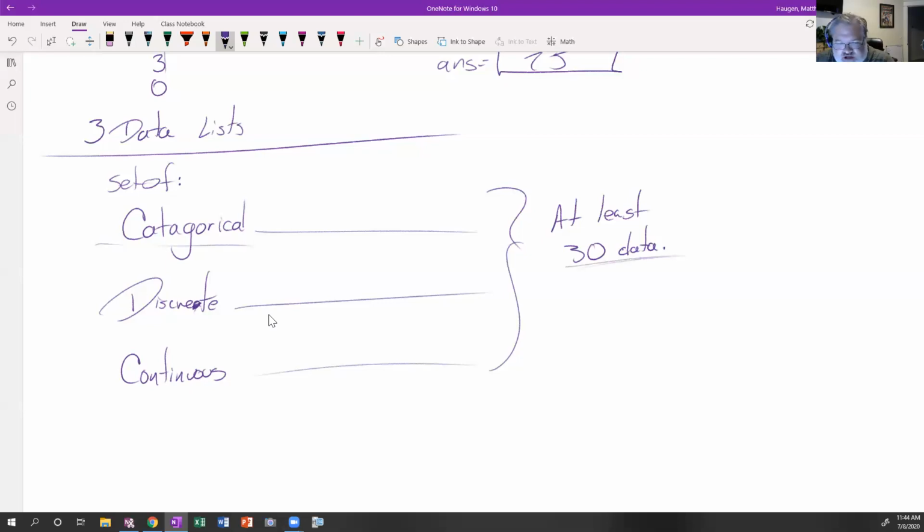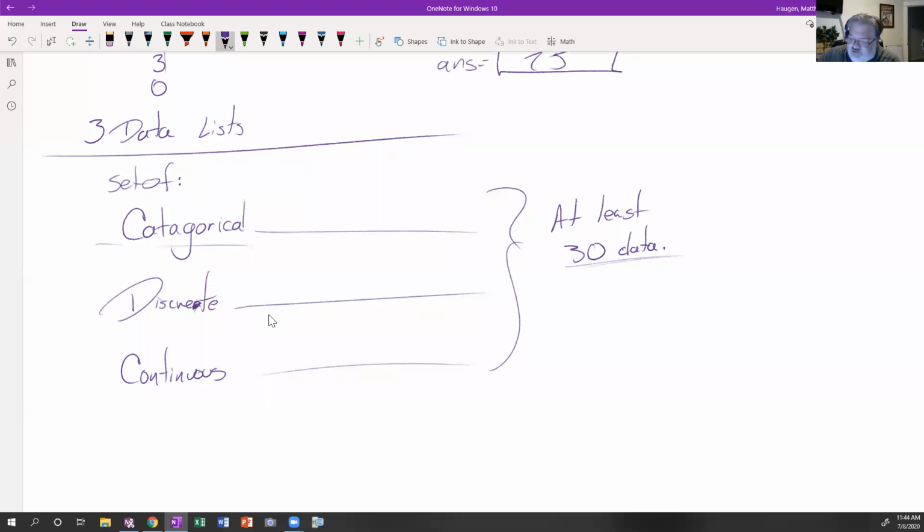Some of our tools later, for our tools to be valid, require us to have at least 30 data points for our tools to work. So getting in the habit of having at least 30 data points is a helpful practice to get into.